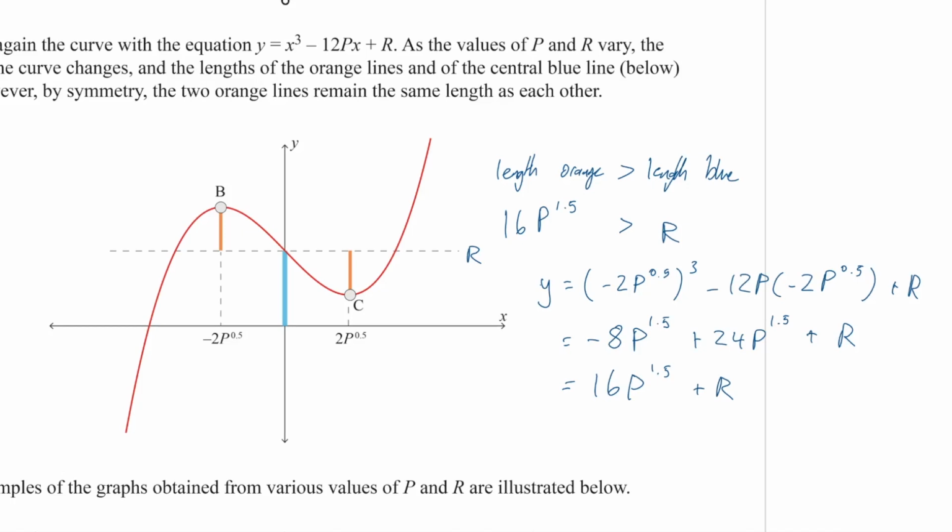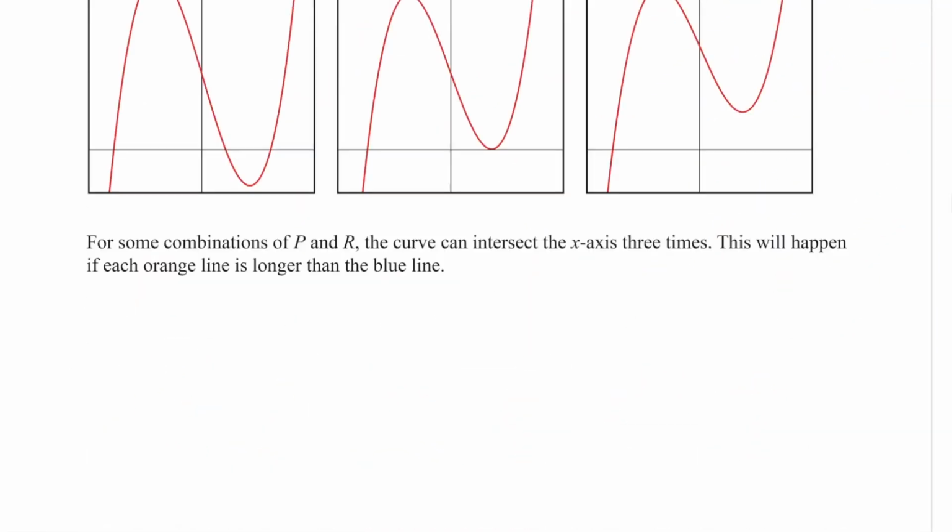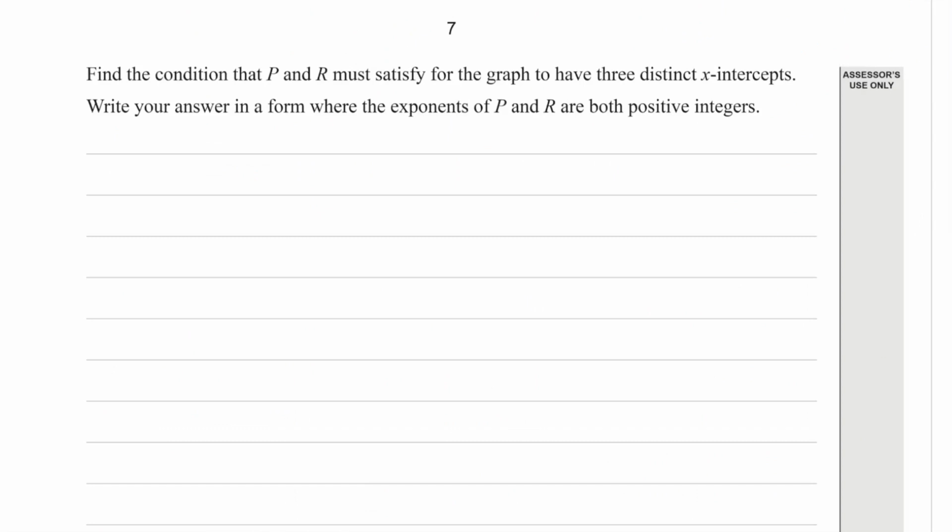So, for there to be 3 distinct x-intercepts, this inequality relating p and r must be true. Now let's see where we stand on this question. So we just said 16p to the 1.5 must be greater than r.